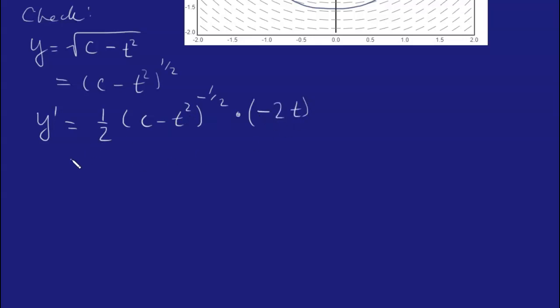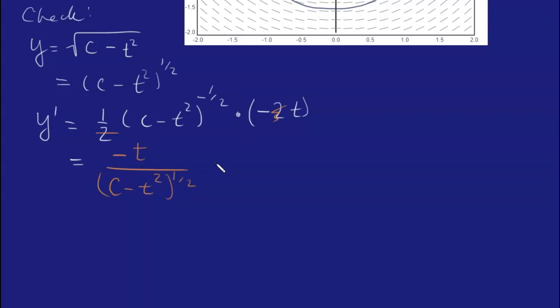So doing some simplification here, the 2's are going to cancel, and what we have left is a negative t. And this term right here, I'm going to put in the denominator: c minus t squared to the 1/2.